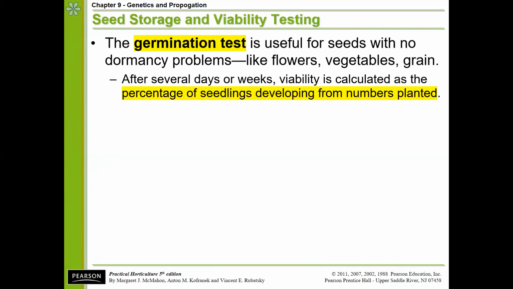Of course, we do that in several different test lots and then average out the percentage to see what the variety is like. Often, if you're selling seed to seed companies, which there are quite a few of in Virginia, they will require you to do a germination test before you even send the seed in.